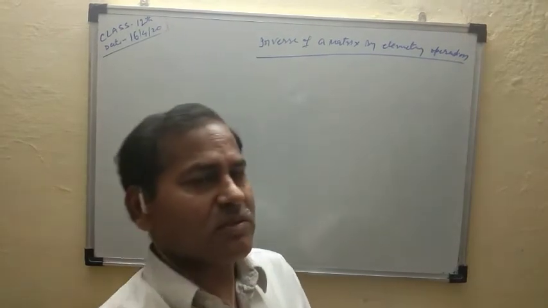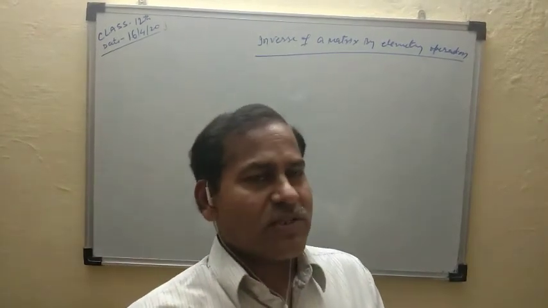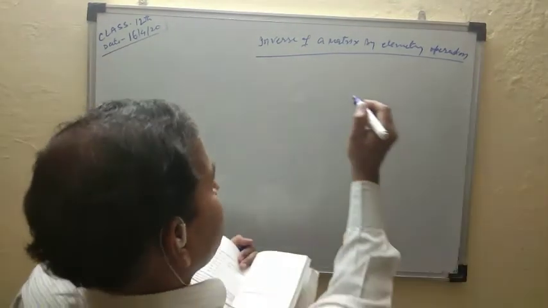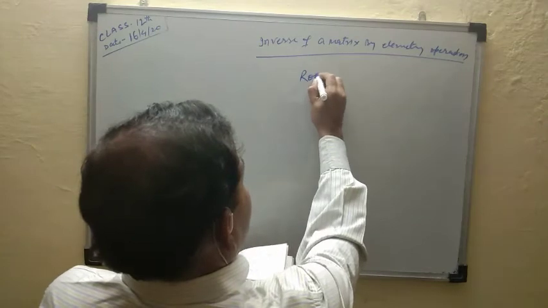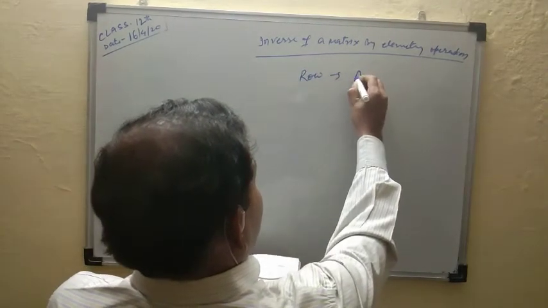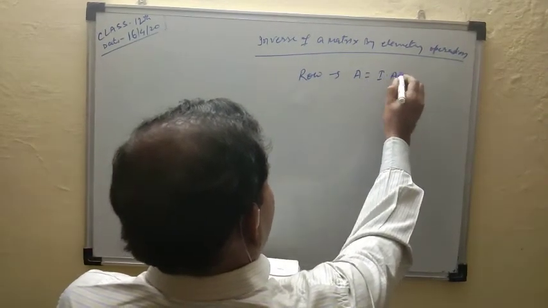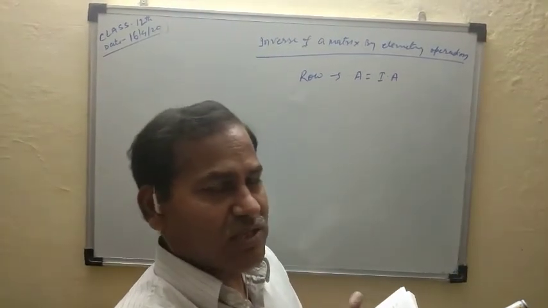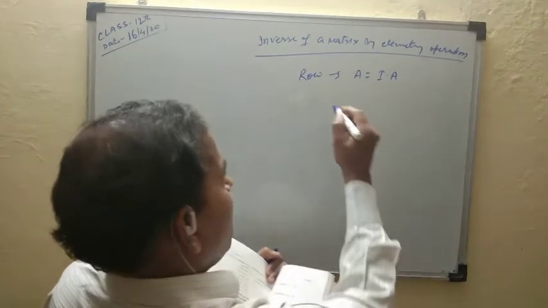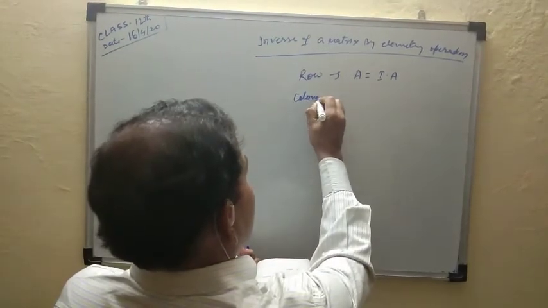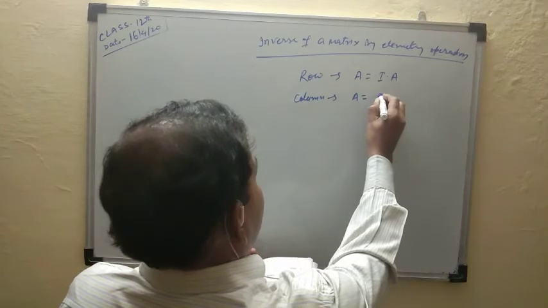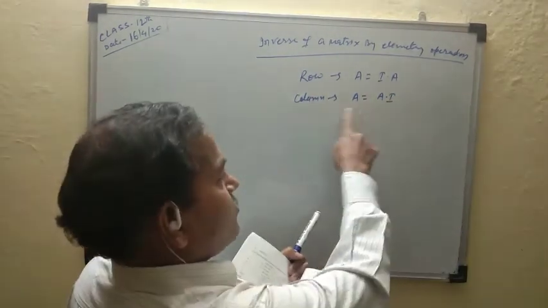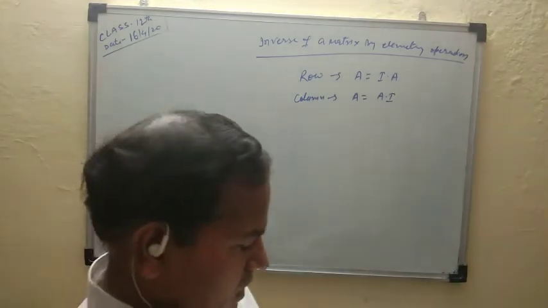Elementary operation means either use row operation or column operation. Suppose in row operation, use A is equal to I into A. In row operation use A is equal to I into A, and in column operation use A is equal to A into I. For column operation use A is equal to A into I.